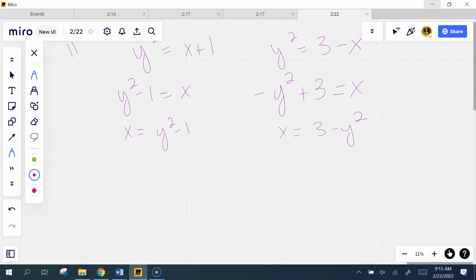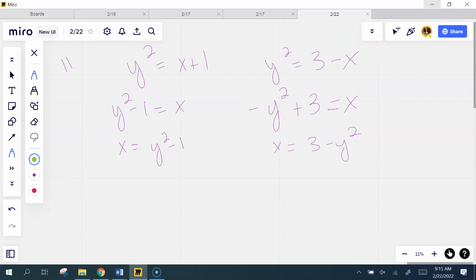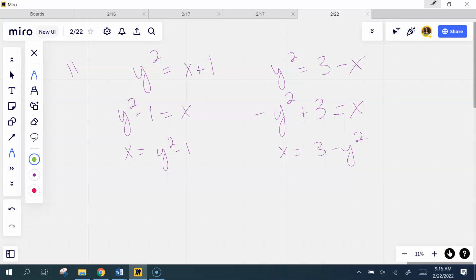All right. I need to figure out which one goes where. I need the intersection points, right? So I need to figure out what these look like. Any ideas? And how are you figuring that out? Just square root. That's exactly what I would do. I would just square root here, or you can think a parabola on its side because the y is squared instead of the x.